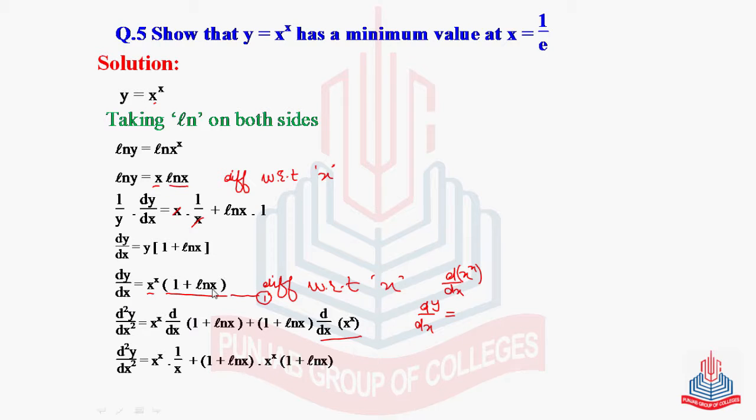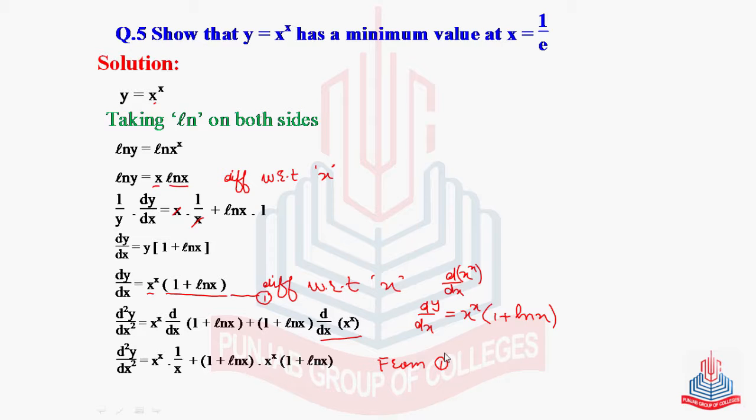So the derivative dy by dx is x raised to the power x 1 plus log of x from 1, and now from this part d by dx x raised to the power x will become x raised to the power x 1 plus log x. We can write from 1.